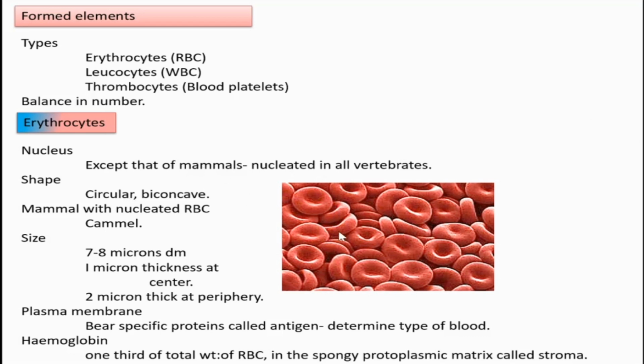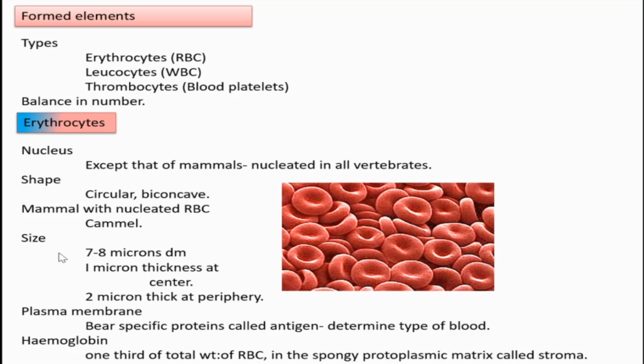This is the image of RBC. A biconcave shape. The shape is circular biconcave. Biconcave means this side is concave and the other side is also concave. The only mammal with nucleated RBC is an exception. This is the camel. Camel's RBC is nucleated even though it is a mammal.